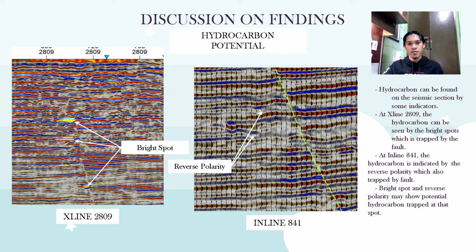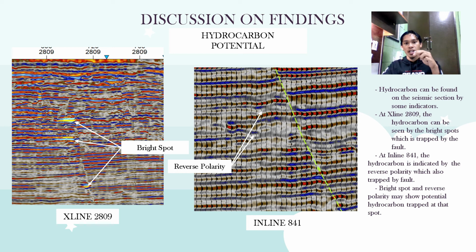hydrocarbon. And we can see at the inline 841, the hydrocarbon is indicated by the reverse polarity, which is also trapped by fault. We can see the green one is the fault, and this hydrocarbon is trapped beneath the fault. As we can see at the seismic section, that's about the peak polarity.